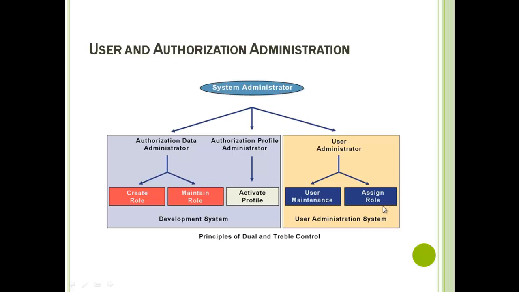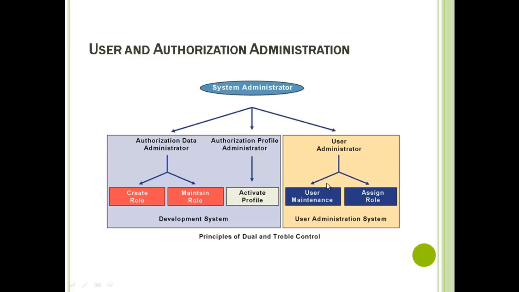In many cases this is also quite important. User administration, if this is with one person, then they can create their own users and assign the roles to the people. Then it is divided into two based on the 4-eyes principle, so the person who creates a user will not be able to assign roles.